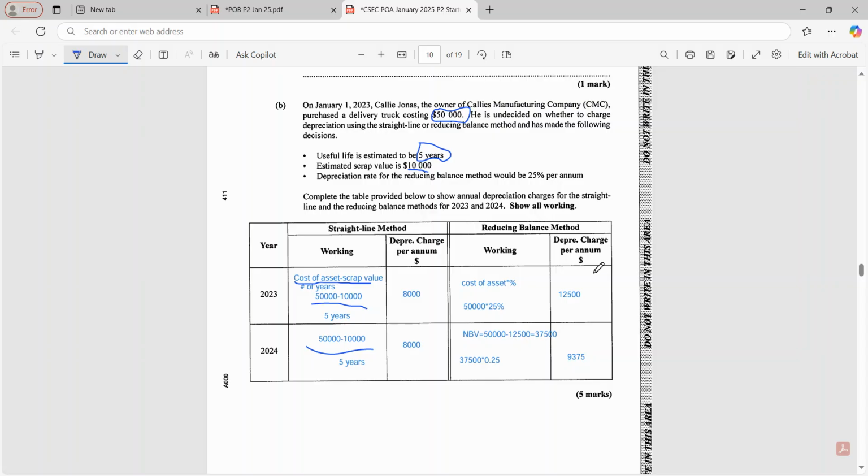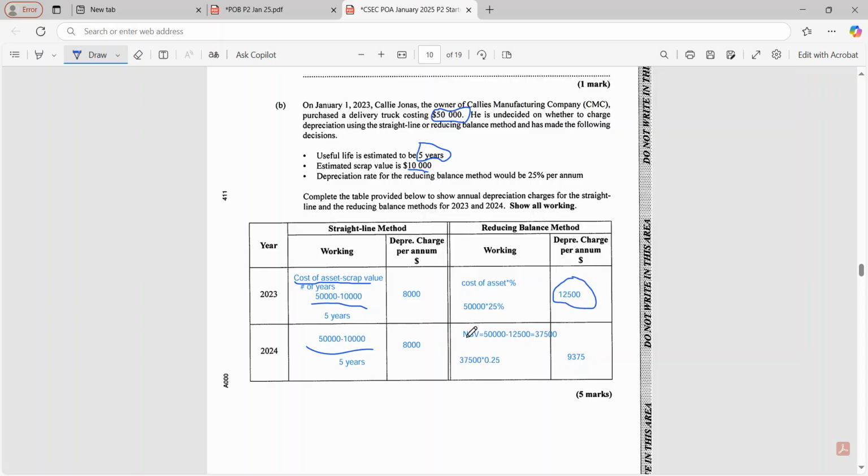For the reducing balance, depreciation every year will decrease. So how do we calculate it for the first year? It is the cost of the asset, which is the 50,000, multiplied by the depreciation rate, which is the 25%. All right, and we get 12,500. For the second year, however, we have to subtract the depreciation that we got in year one from the cost of the asset.